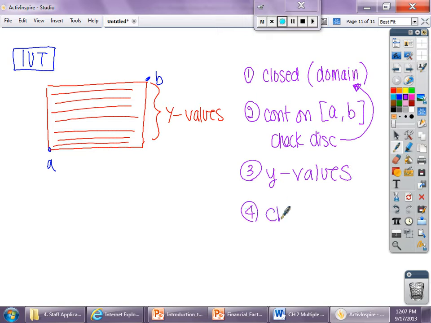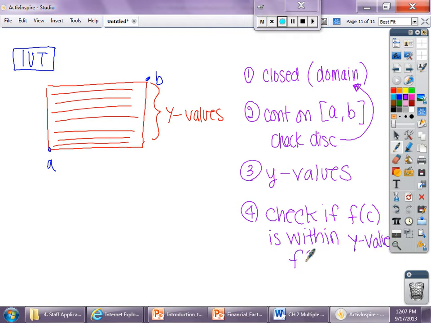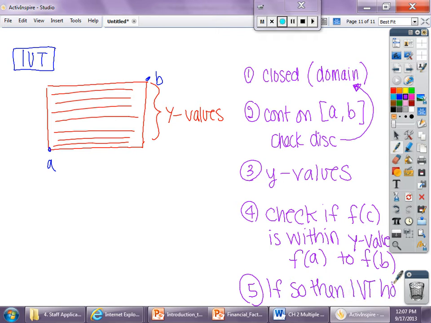Fourth thing, check if f of c, I'll write it with that notation, is within the y values f of a to f of b, and if so, then IVT holds.